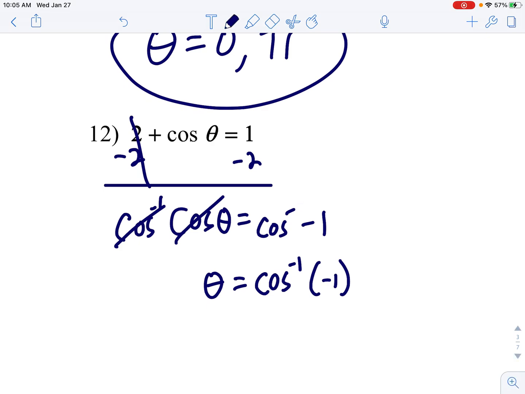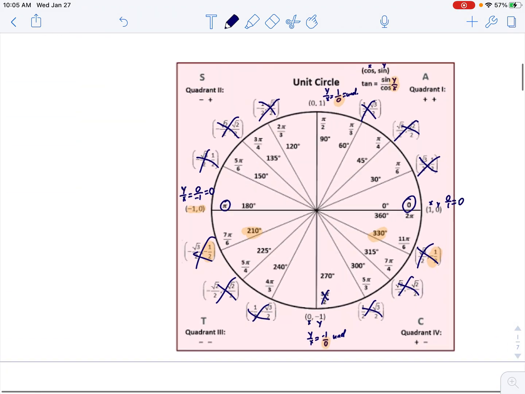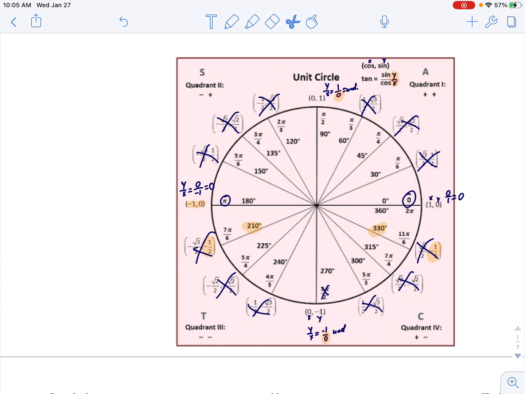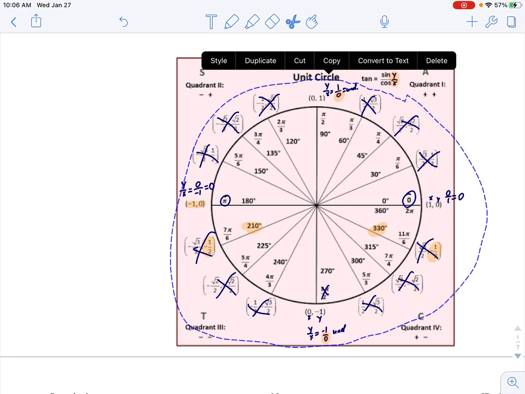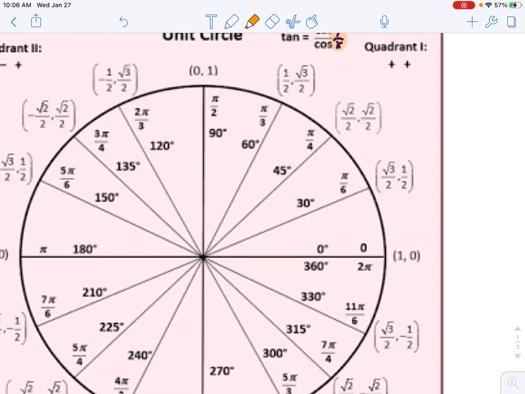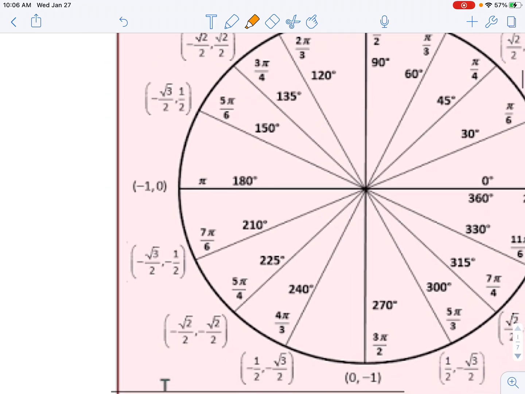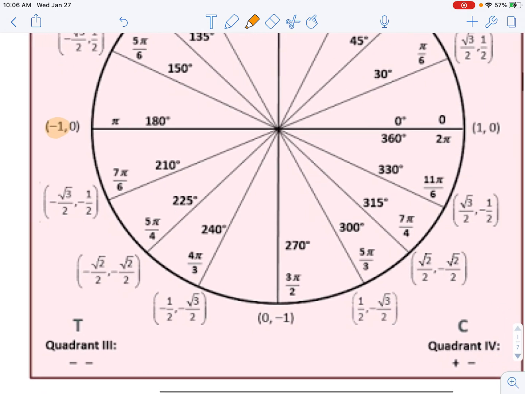What is cosine on the unit circle? Cosine on the unit circle is the x value. So we're trying to find on the unit circle an x value that equals negative 1. All right, let me erase a bunch of this mess. There we go. Okay, so just visually scan through, look at all the points till you find an x value that's negative 1, and it's right there. Are there any others?